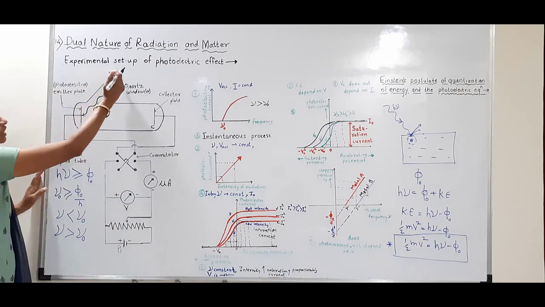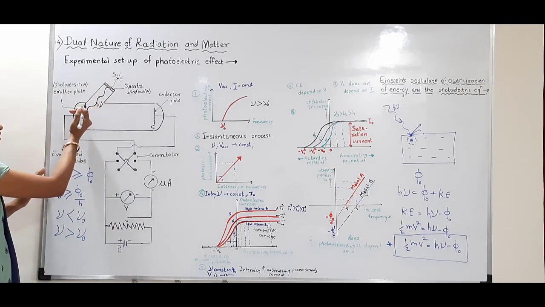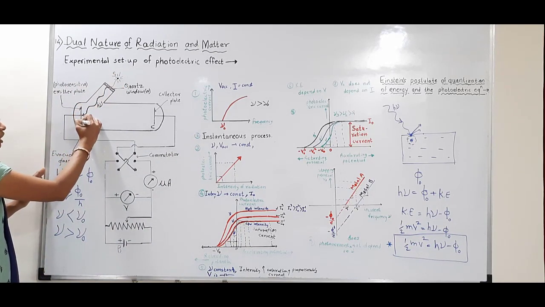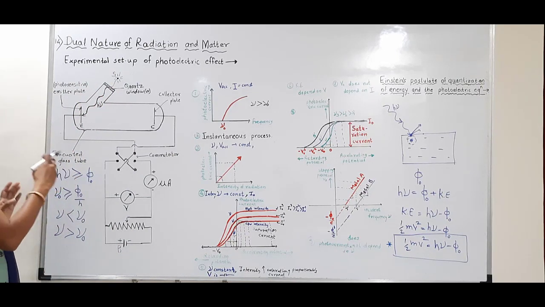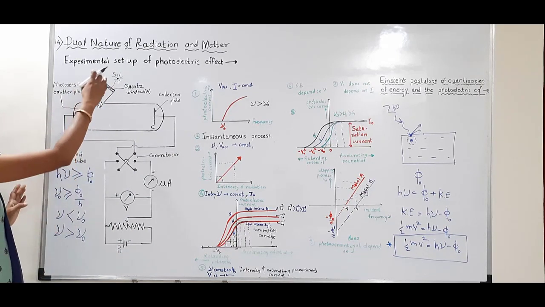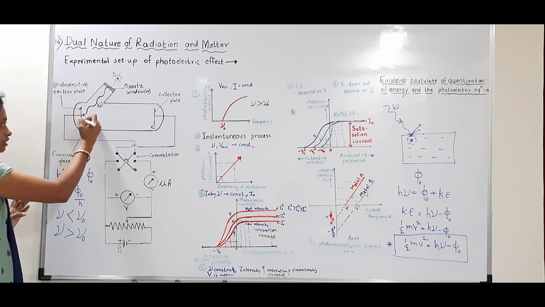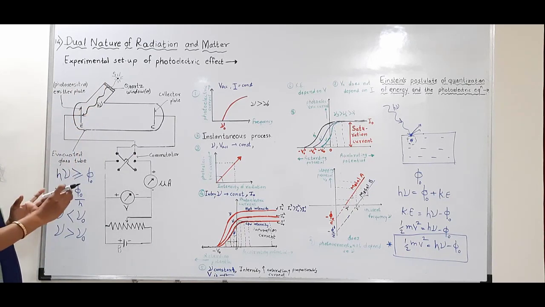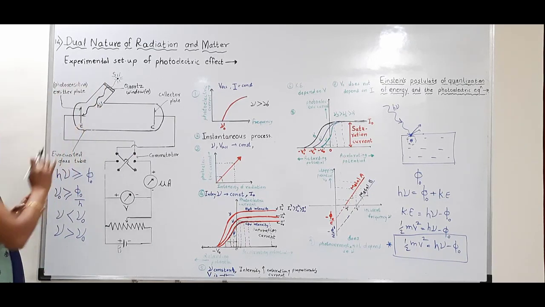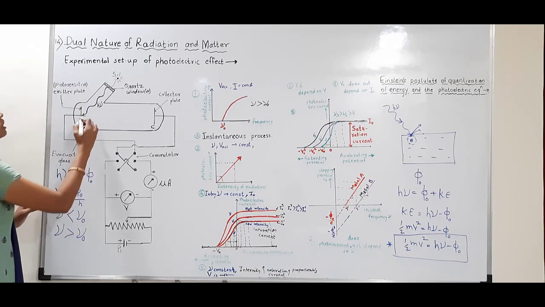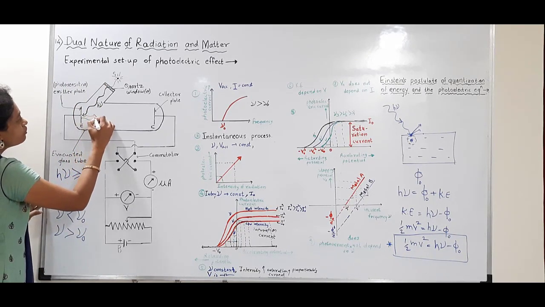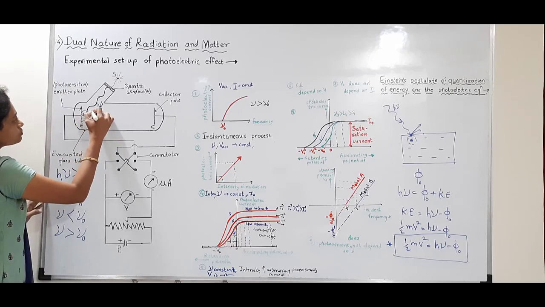Here, the radiation of the incident light falls on the emitter plate. Means, according to Einstein, a photon falls on the emitter plate, a quantum of energy h nu. At the same time, photoelectrons are emitted from the emitter plate.